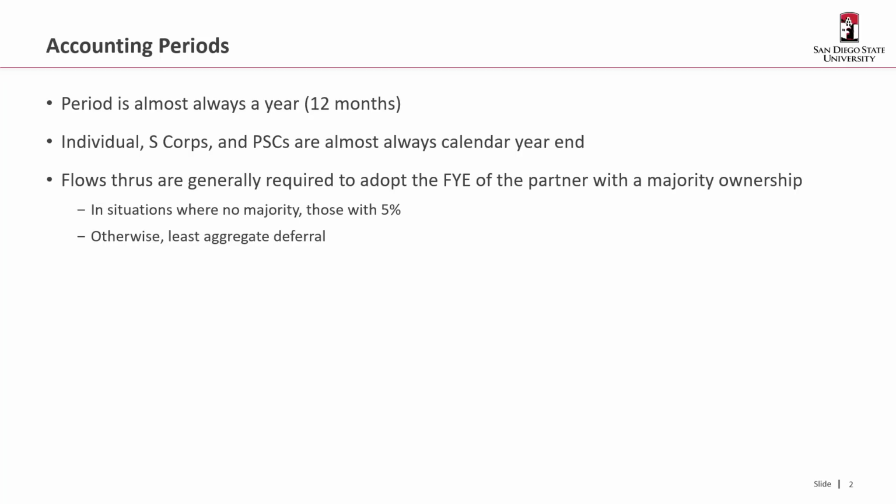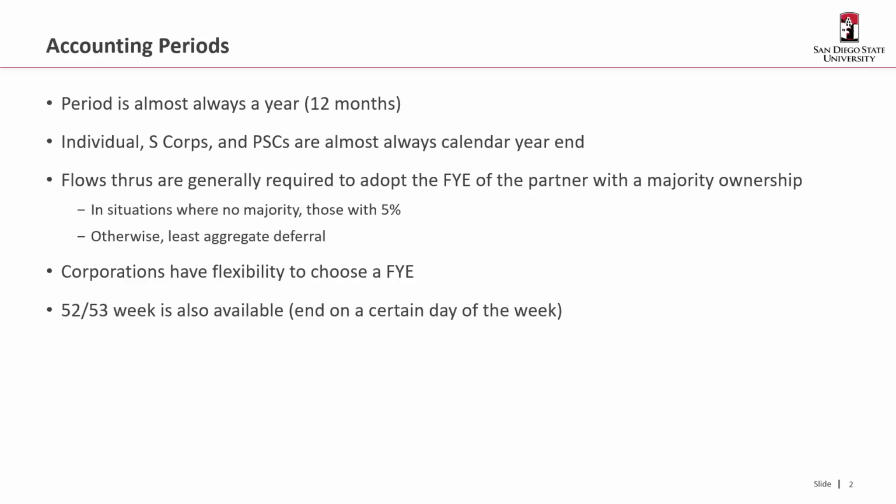Flow-throughs are generally required to adopt the fiscal year end of the partner that has a majority ownership. In situations where there's no majority, you view those who have a greater than 5% interest in the flow-through, and then otherwise the least aggregate deferral. And I am not covering that because that should have been part of your business tax course, to the extent you are an accounting major.